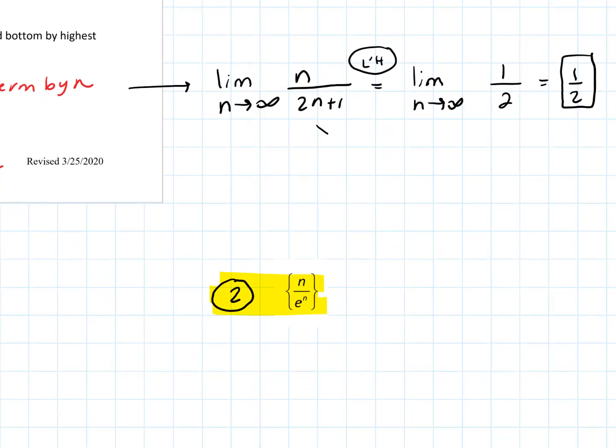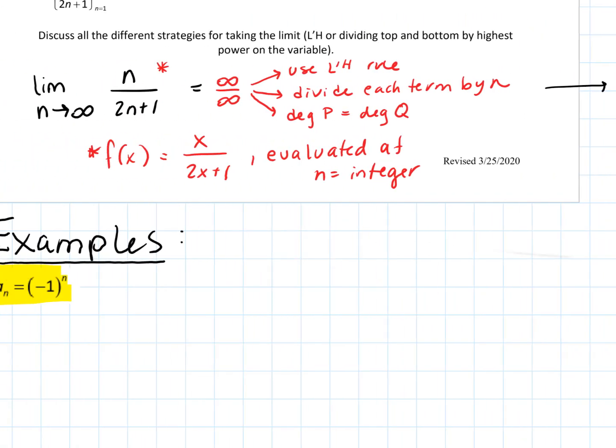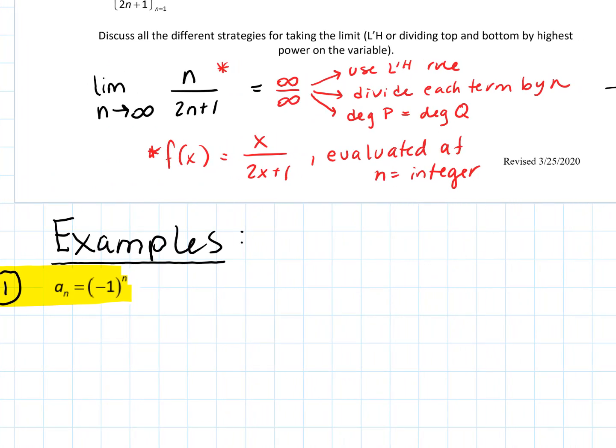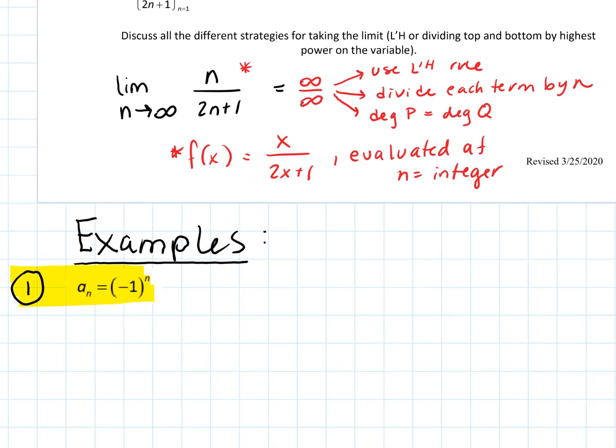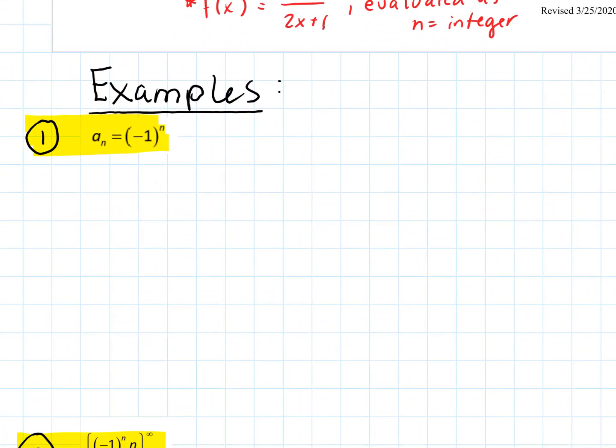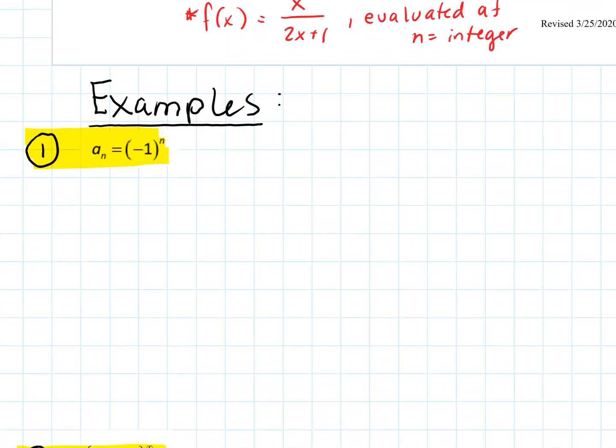This is the same result we would get if we talked about the fact that we have a rational function of two polynomials of the same degree, so the degree of p equals the degree of q. Choose the way you want to approach these, and you can use L'Hopital's rule, but we have all of our other choices as well. Okay, let's take a look at this one next.